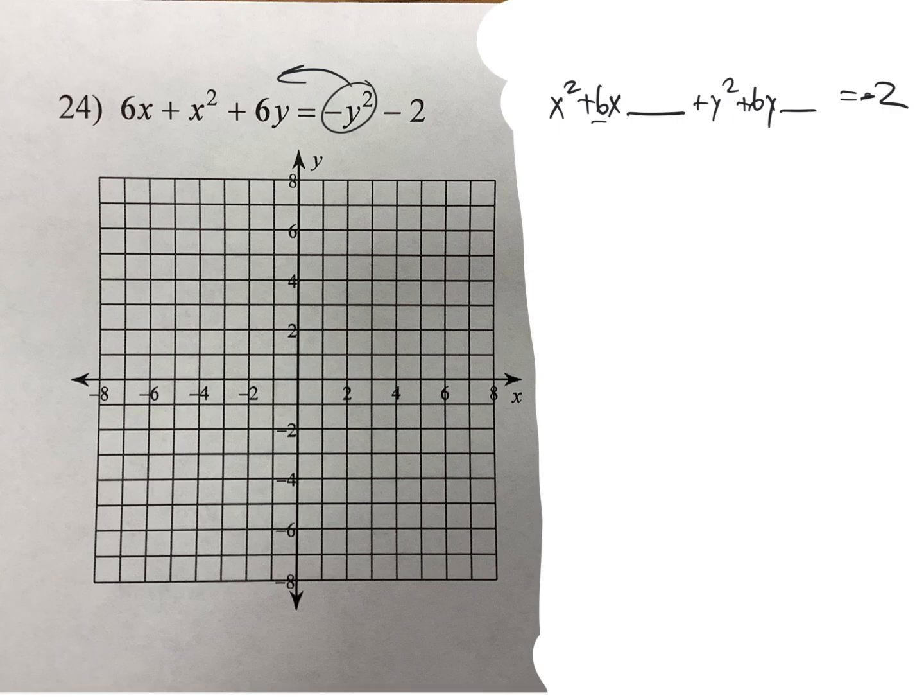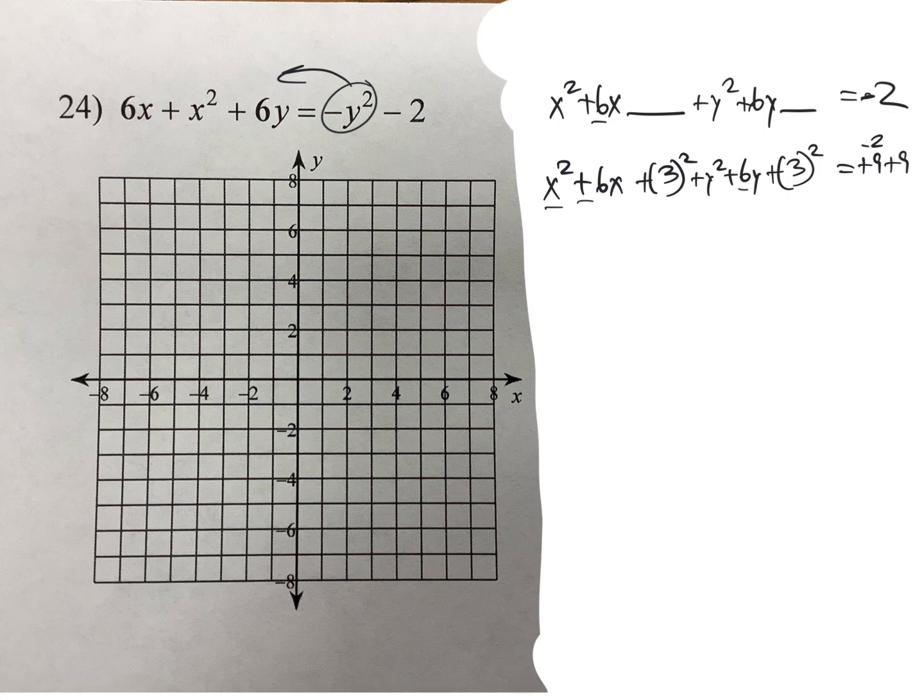So b is 6. 6 over 2 is 3. So we have negative 2 plus 9 now on the right side. Y squared plus 6y. Again, b is 6. 6 over 2 is 3. So we're going to add 9 again to both sides.